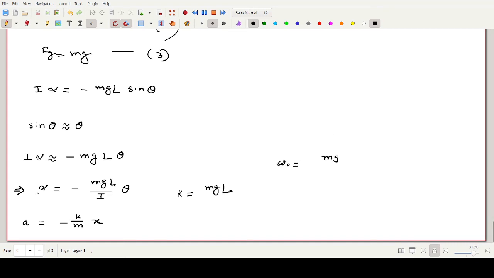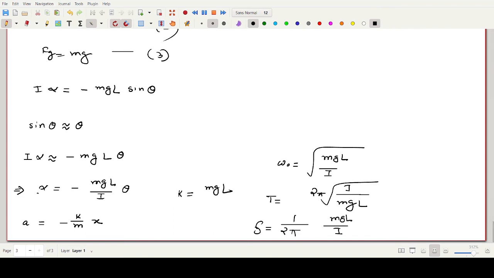Omega naught equals root over mgl by I. Then time period T equals 2 pi root over I by mgl, and f equals 1 over 2 pi root over mgl by I. Okay, so this is the equation for frequency, time period, and omega naught for a simple pendulum.